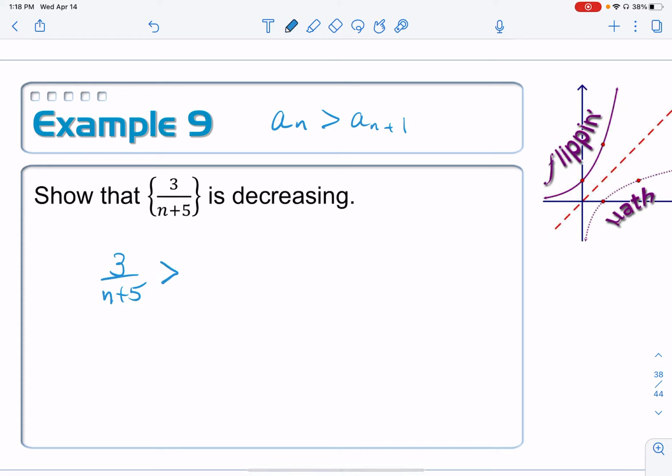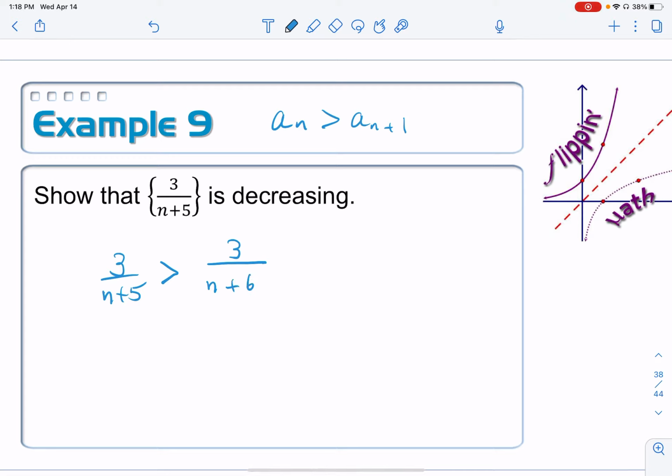And if this is true, then 3 over n plus 5 has to be bigger than 3 over, here in parentheses, n plus 1 plus 5. I just put it in parentheses just so we can see. Obviously, I just stuck n plus 1 in there, but it really doesn't do anything. Whenever I go to simplify this down, I'd get rid of the parentheses, of course, and combine the 1 and the 5 and make that n plus 6.